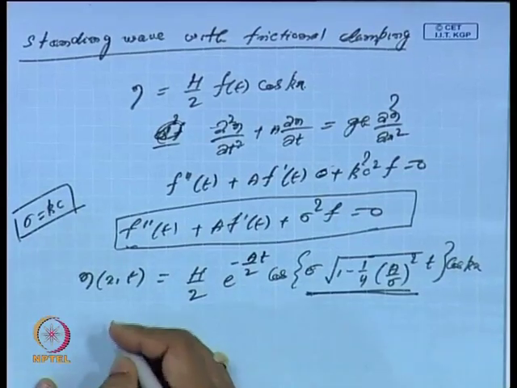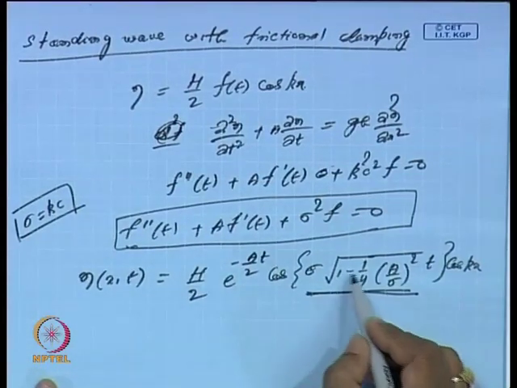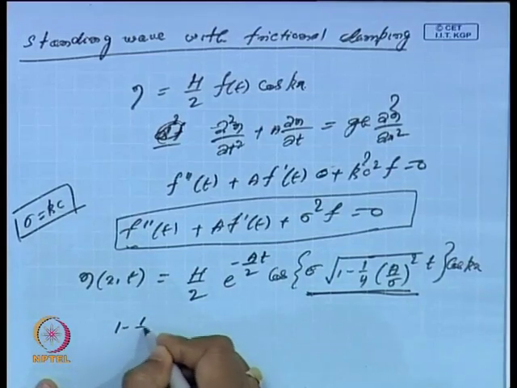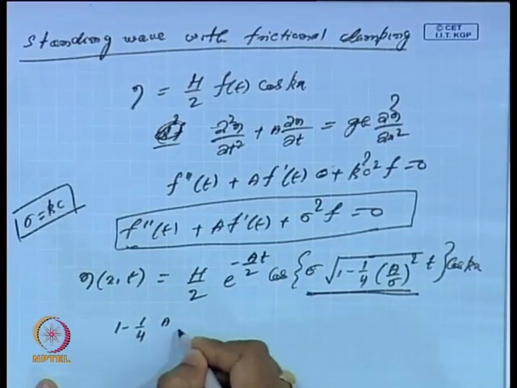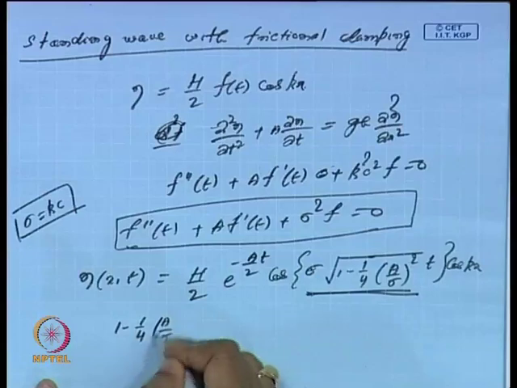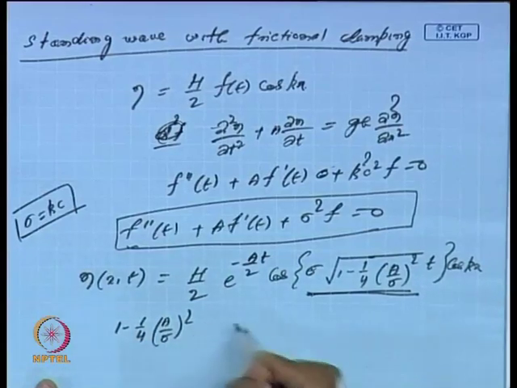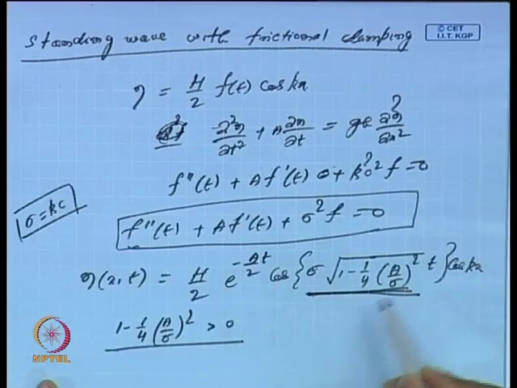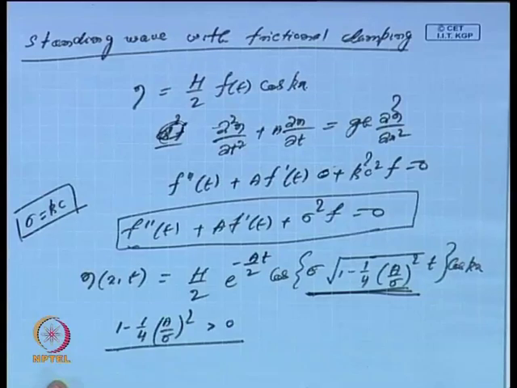What will happen if this is greater than 0? Then only I have this form of solution. Otherwise this will give me a hyperbolic term, and then it will not satisfy the wave type solution, and my purpose will not be solved.